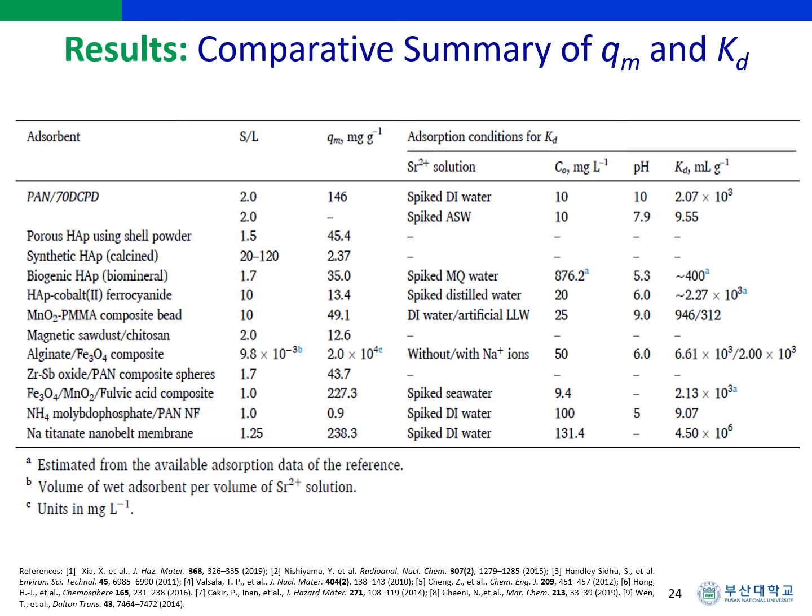This implied that the metal cations competed with the strontium ions for the adsorption sites, most likely through ion exchange. Although the PAN 70 DCPD-NF adsorbent possessed low selectivity towards strontium in the presence of competing ions, its application in a post-water treatment process or in remediating softer strontium-90 contaminated water can be explored.